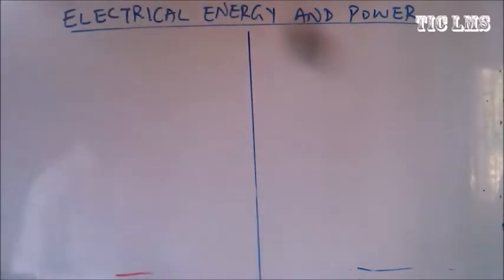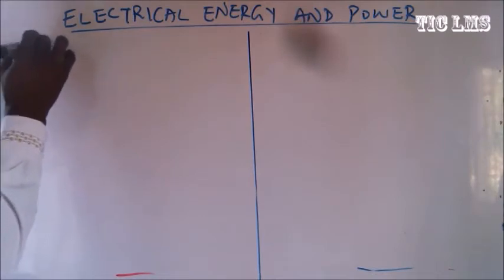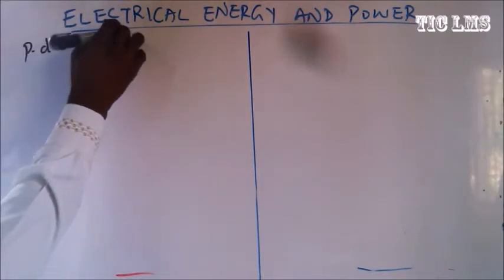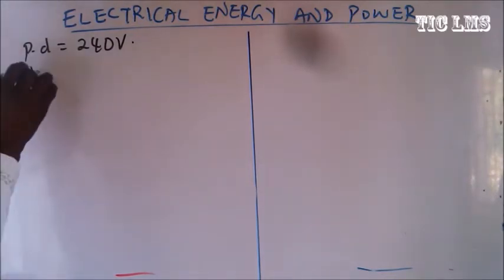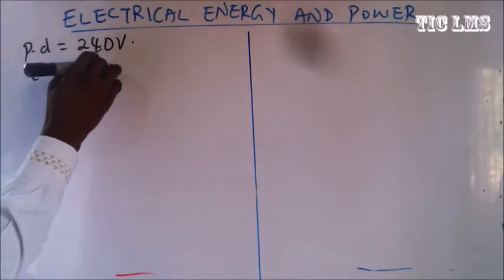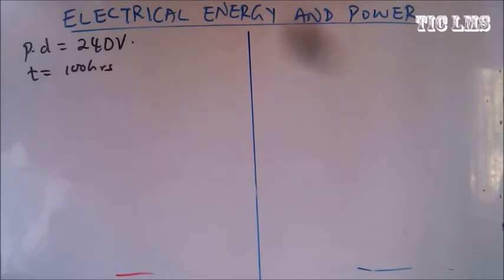So in this question, let's state our parameters. We were given the potential difference of 240 volts, and we were given the time as 100 hours, taking a current of 4 ampere. Next is to calculate the total energy consumed by the fan in joules.